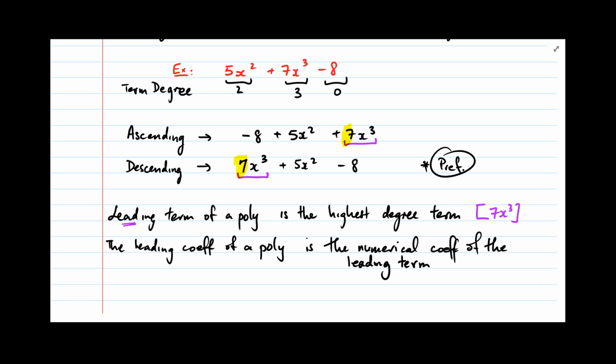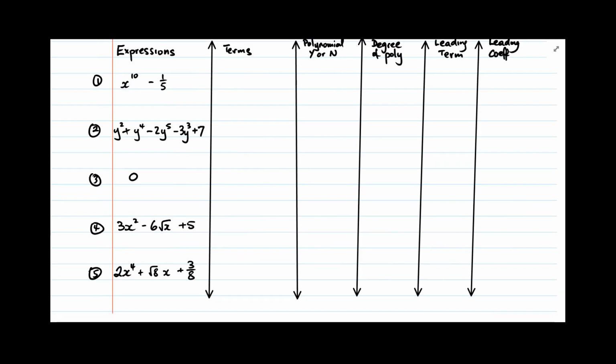Maybe I should put up a couple of expressions, and let's see if you understand the various terminology as you fill in the blanks. Give me a couple of seconds and I'll put something up. Let's look at these first 5 questions. What we have here are expressions, labeled 1 to 5.